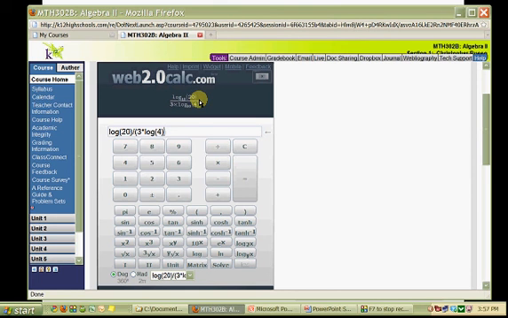So it says log 20. This is the way we had it written on the screen back in PowerPoint. And so we know we've keyed it in correctly. And there's our answer, rounded to 4 decimal places, 0.7203.